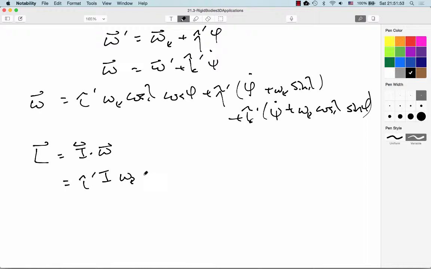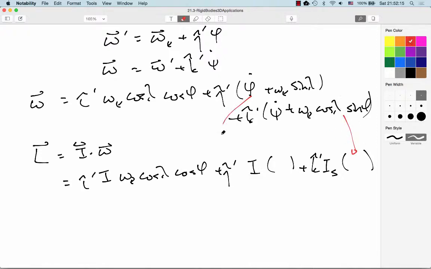So again, I omega E cos lambda cos phi plus j prime I times that stuff in parentheses plus k prime times that stuff in parentheses from here. And again, we will make the identification that this stuff in parentheses is the spin s.